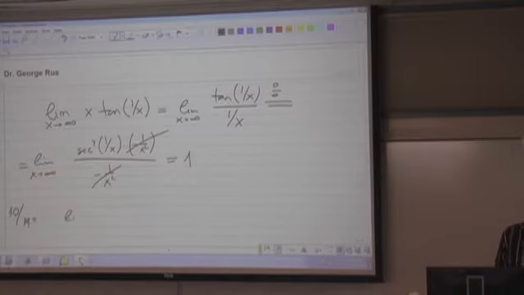We have the limit as x goes to infinity of the natural logarithm of the natural logarithm of x, divided by x. So if you put in infinity for x, you end up with ln of infinity, which is infinity, right? So it's going to be infinity over infinity. We take the derivative. What's the derivative of ln of x?